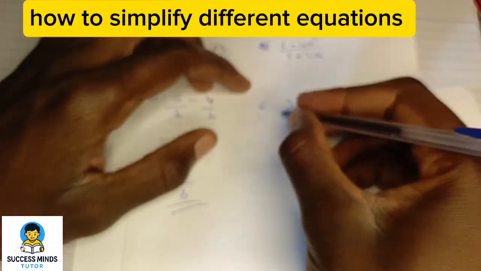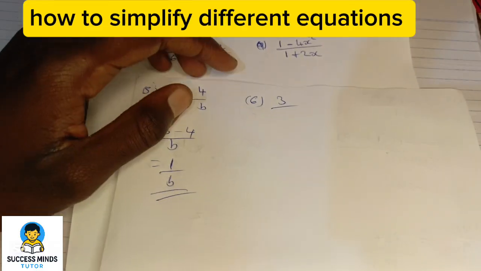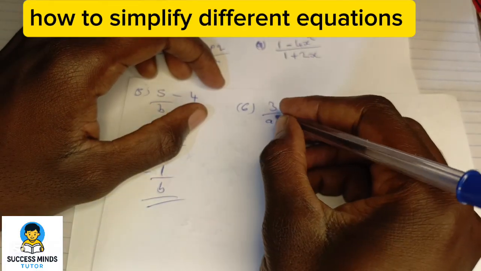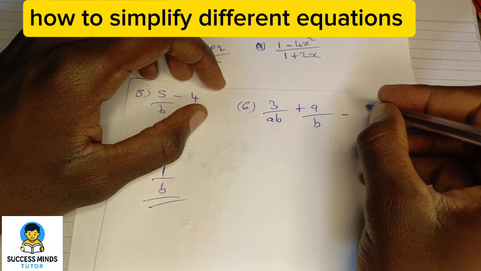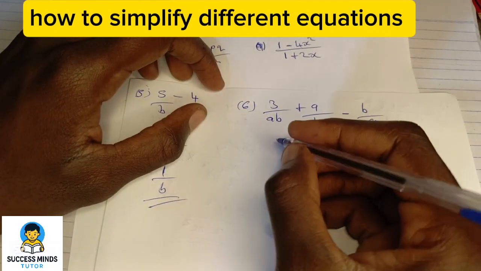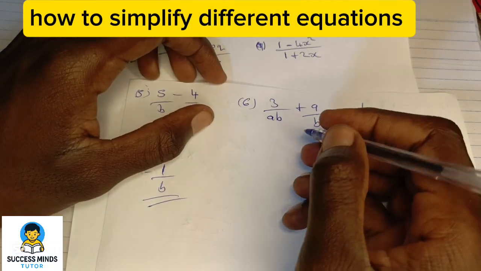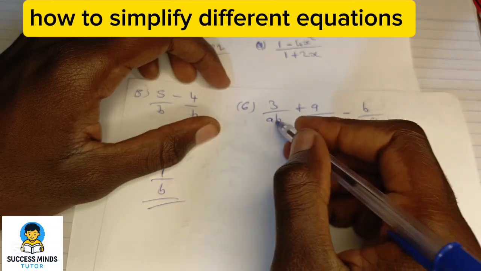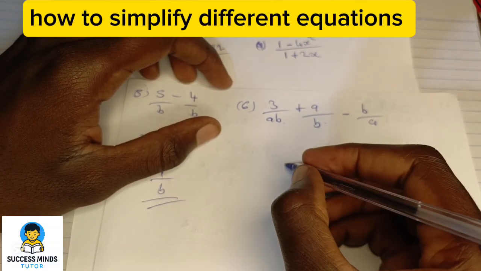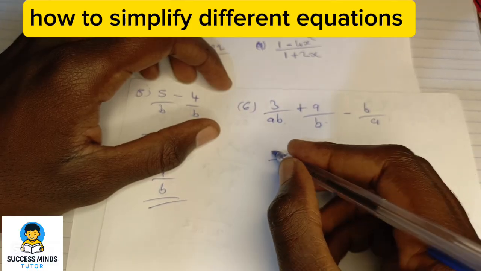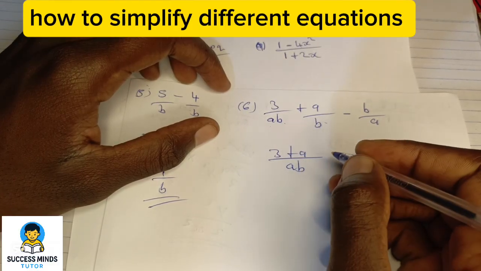So we come to question 6, it is 3ab plus a over b minus b over a. So here, since we have a common denominator like ab, we can say ab, then we say 3 plus a.